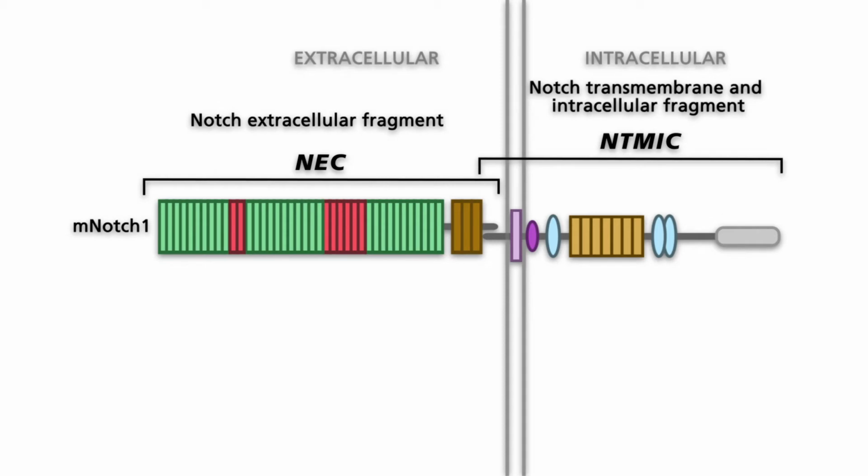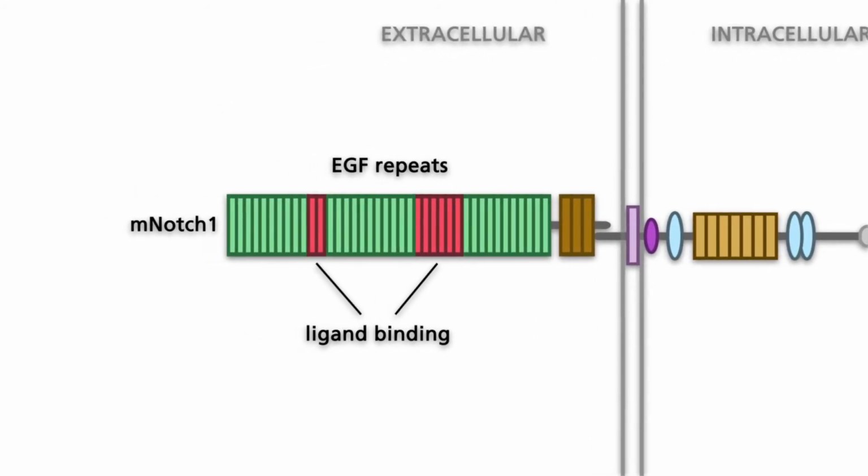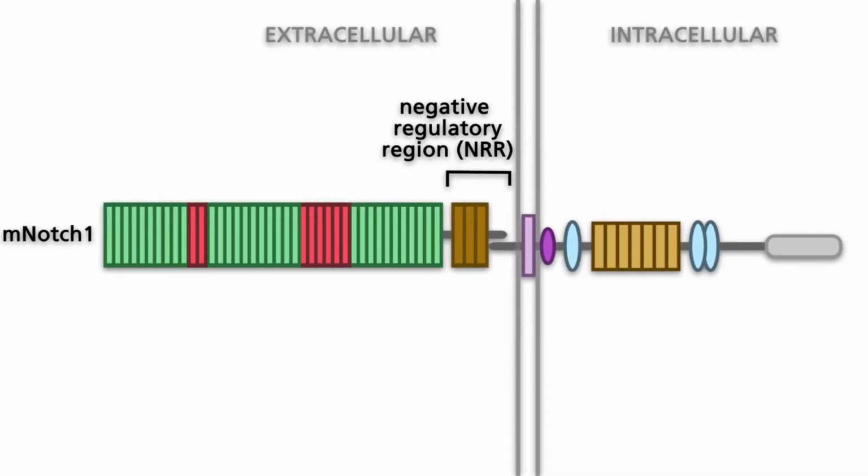Notch proteins contain various domains, indicated here by different symbols and colors. The N-terminus of the extracellular fragment contains a number of EGF repeats. The EGF repeats involved in ligand binding are shown here in red. The negative regulatory region involves C-terminal amino acids of the extracellular fragment and N-terminal amino acids of the transmembrane and intracellular fragment.